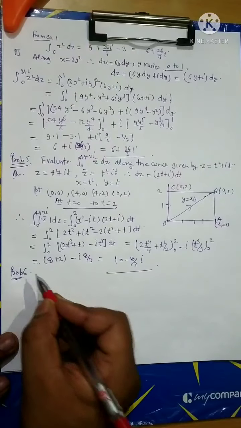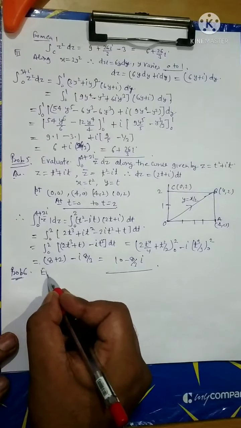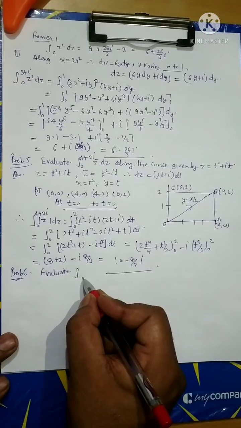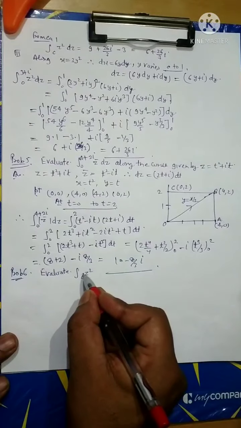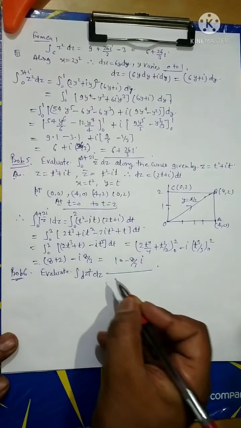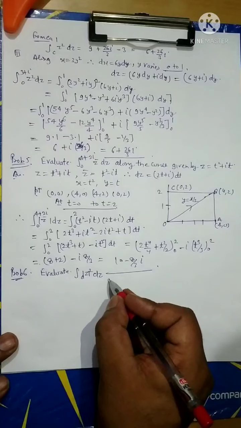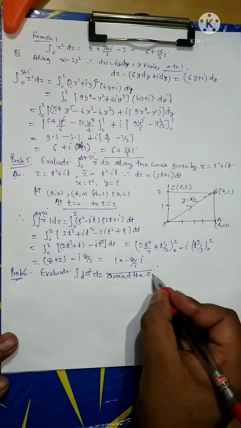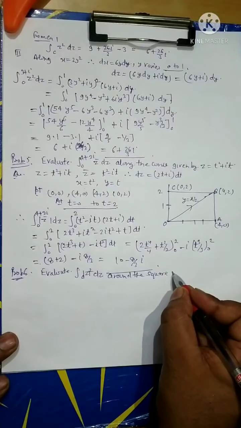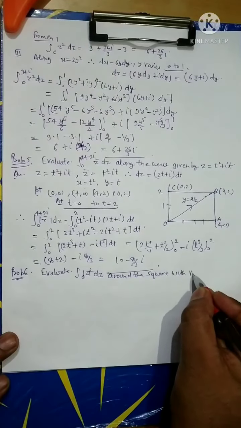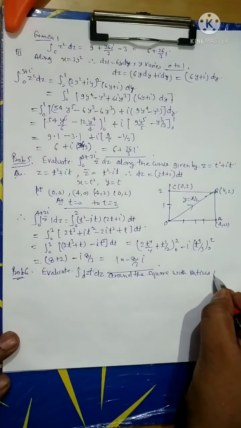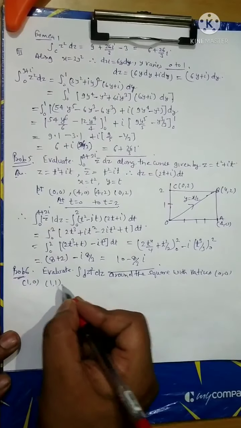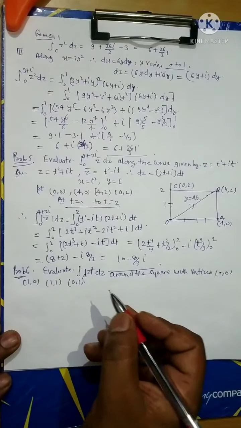Problem number 6. Evaluate integration over contour C, z modulus square dz, around the square with vertices 0, 0, 1, 0, 1, 1, 0, 1.